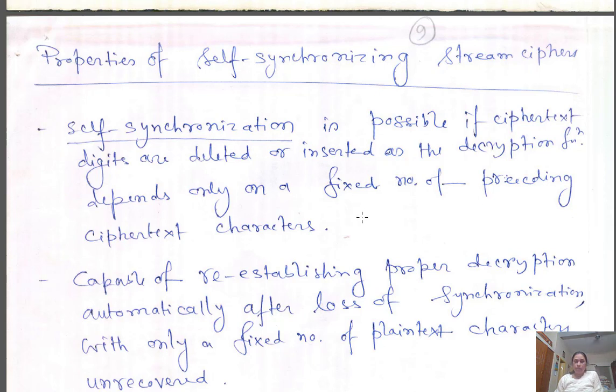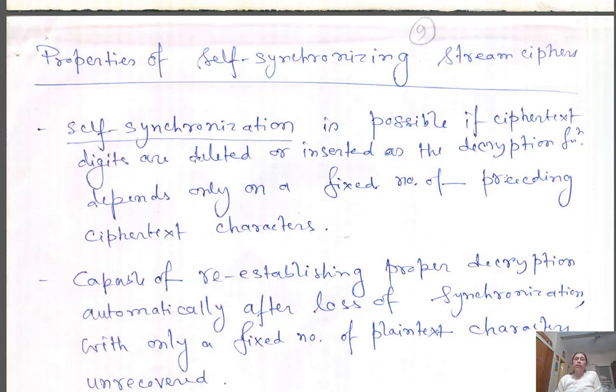Properties of self-synchronous stream cipher. Self-synchronization is possible if ciphertext digits are deleted or inserted, as the decryption function depends only on a fixed number of preceding ciphertext characters.